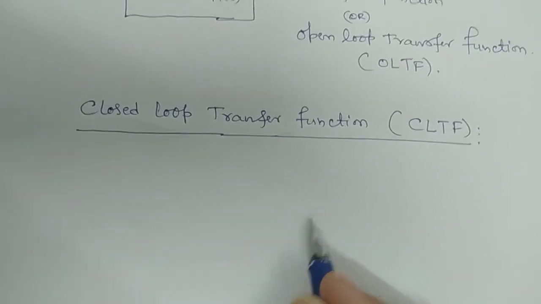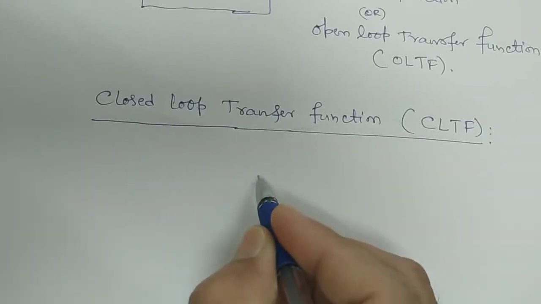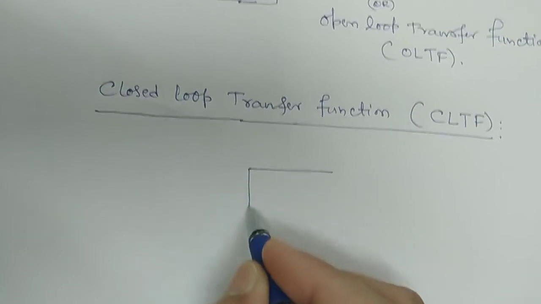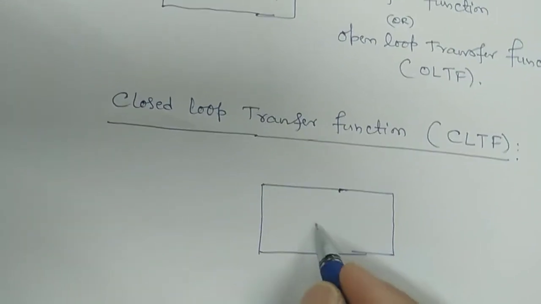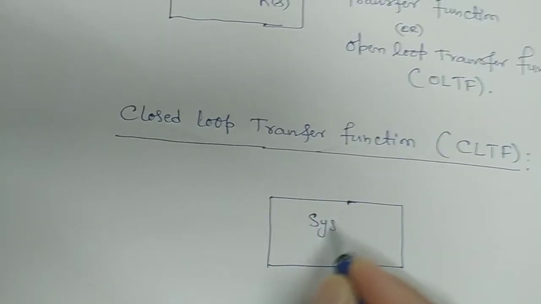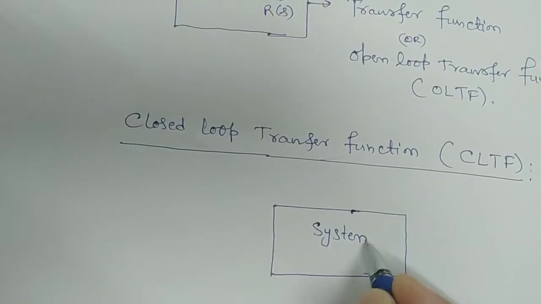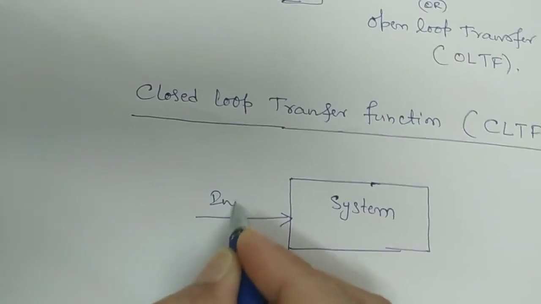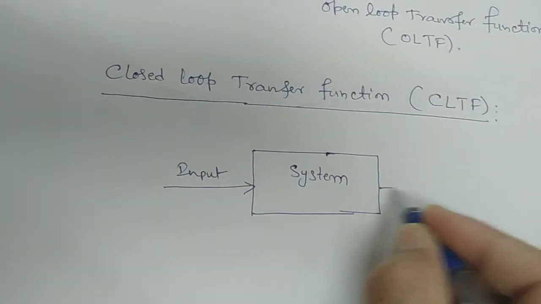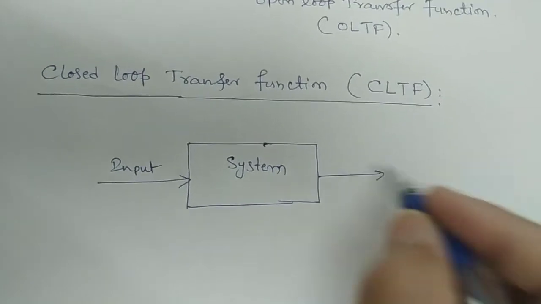Here the diagram, the physical representation of closed loop transfer function, is something like this. Again, same as the open loop transfer function, this is the system, this is the input, this is the corresponding output.